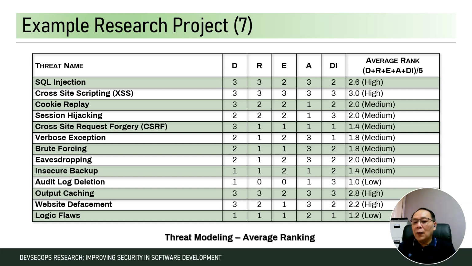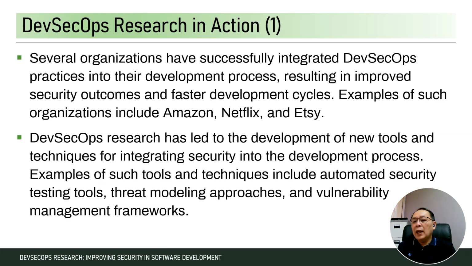Of course, this must be calculated by using a proper way of grading each particular threat. You can use an FGD, or focus group discussion, to talk about the potential threats and calculate the ranking.